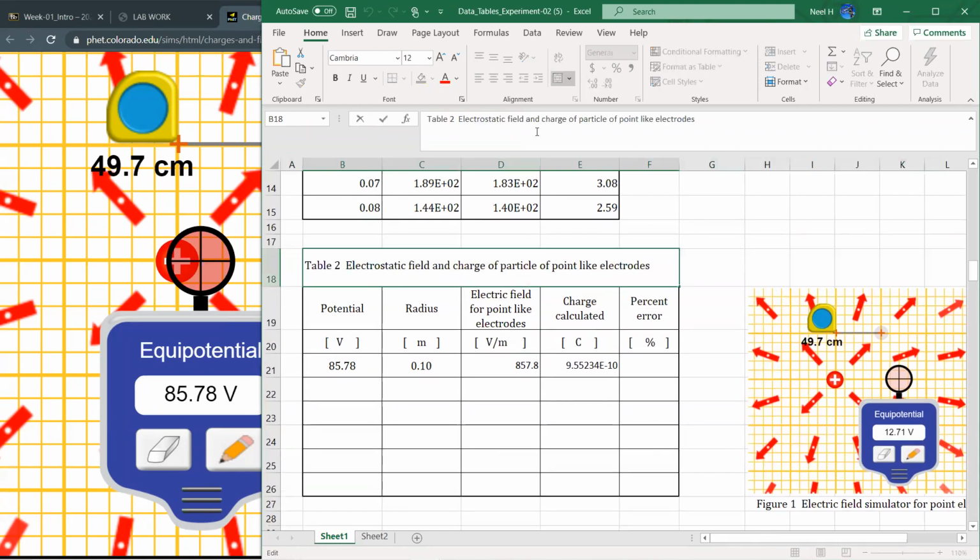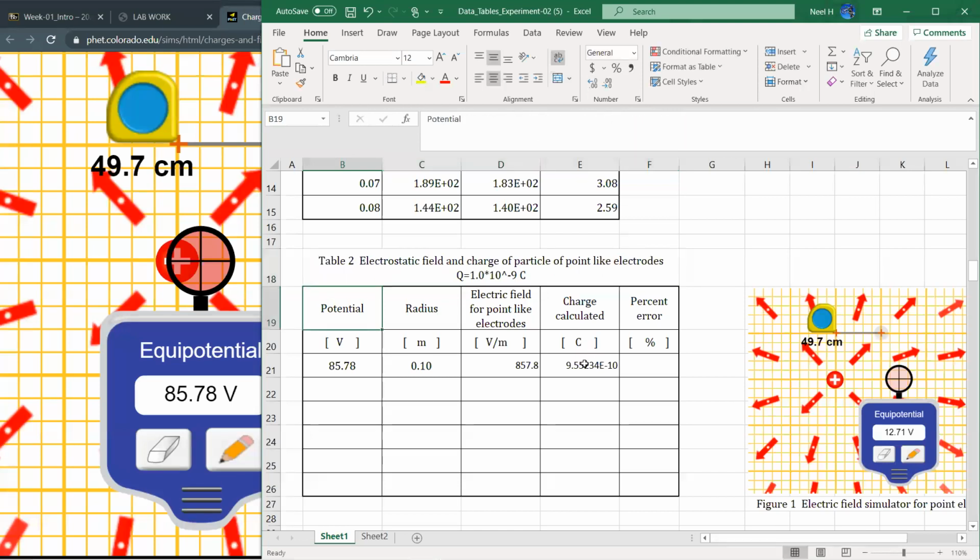The value we're expecting for the charge in this case is 1.0 times 10 to the power minus 9 coulomb. We are getting about 9.5 times 10 to the negative 10, which means about 0.95 times 10 to the negative 9. It's very close.